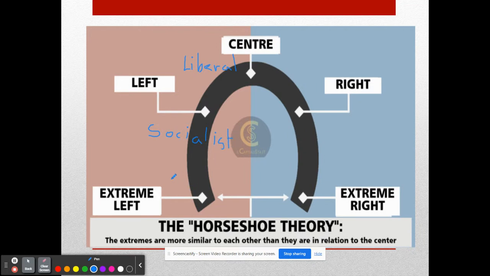And over here, you have the hard Marxists. Socialism is Marxist. It's just a soft Marxism. It's a kindler, gentler Marxism.